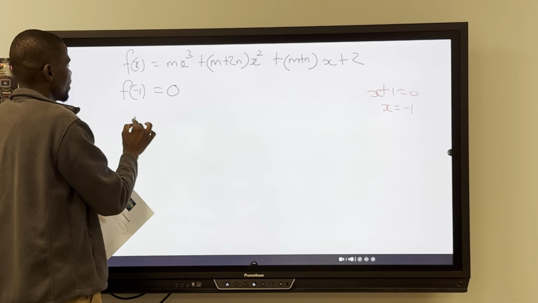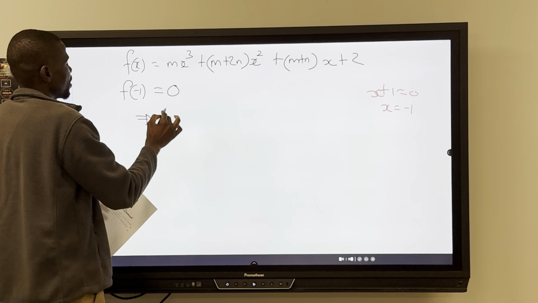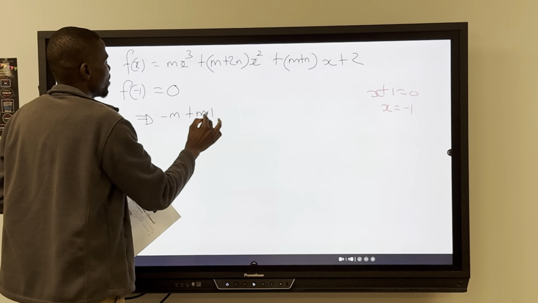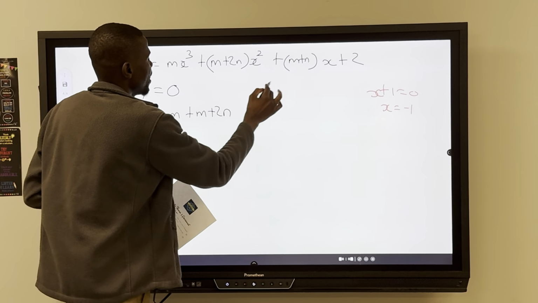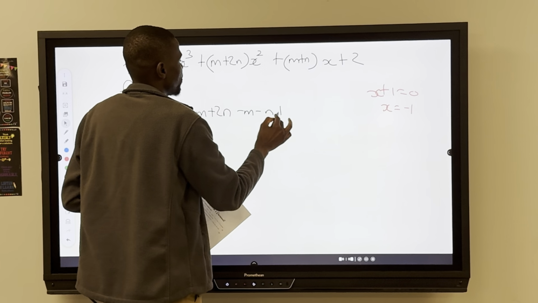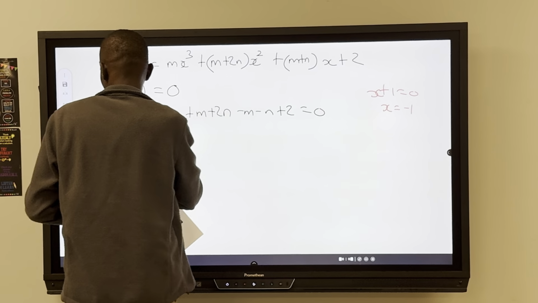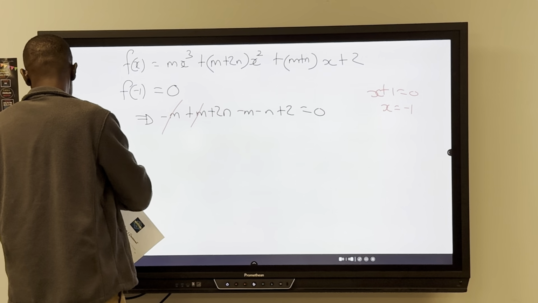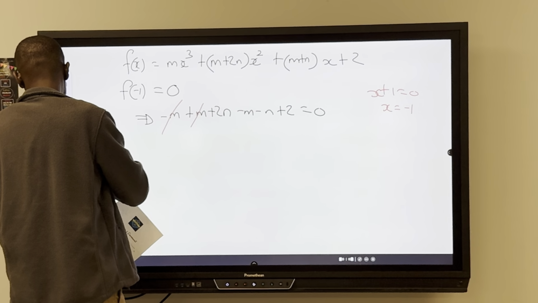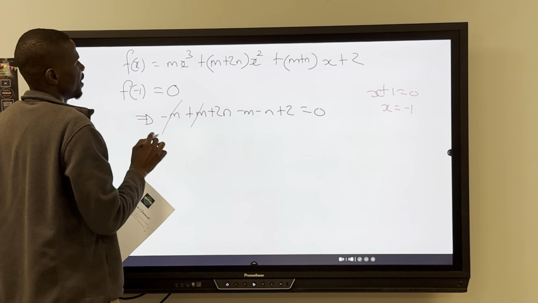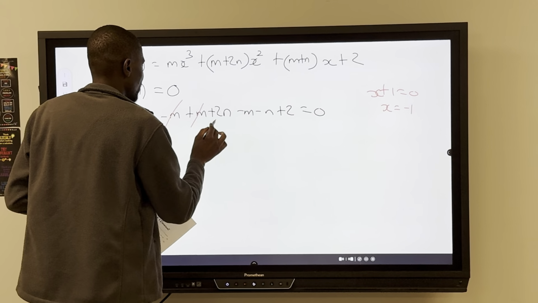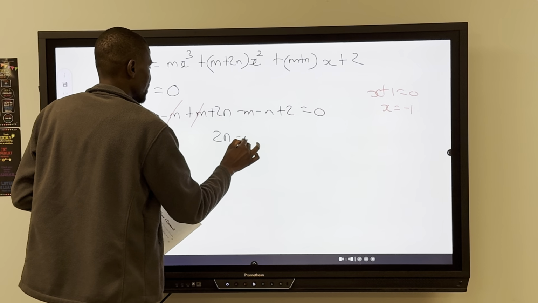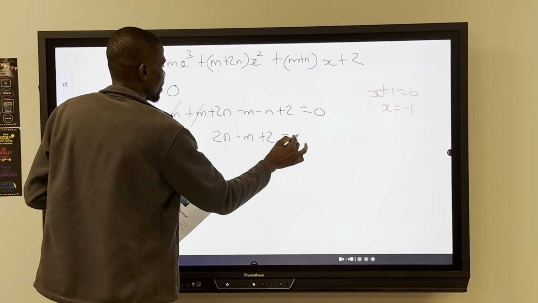If you plug in negative 1, it's going to be negative m plus negative 1 squared is positive, m plus 2n, minus m minus n plus 2. We must get 0. So this and that cancel out. And now we have 2n minus m plus 2 equal to 0.